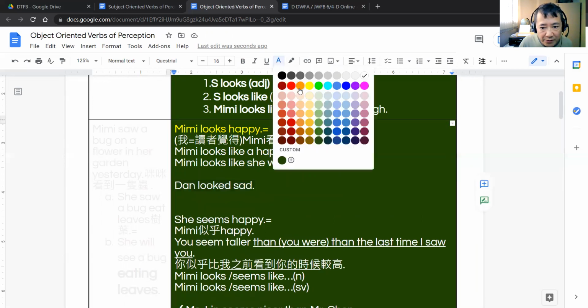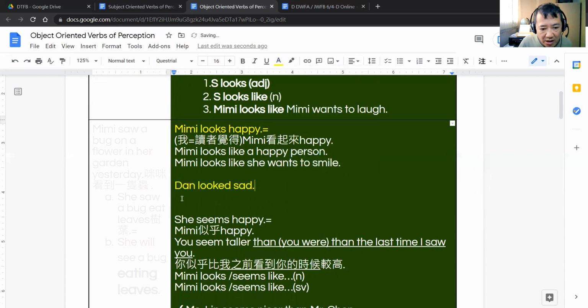And that would be the first structure. What would the second structure look like? I can say Dan looked like a sad person, right? Okay, he looks like a sad person, or he looks like a crying person, whatever you want to say, okay?